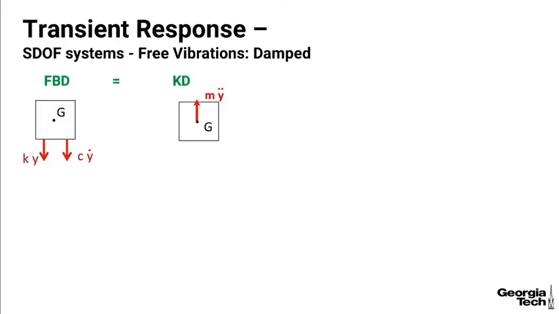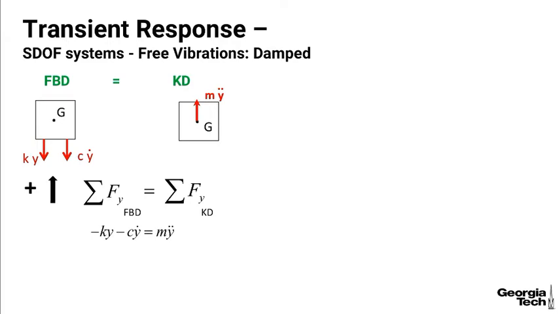Once I have that good free body diagram equals kinetic diagram, I can come up with my equation of motion. I'm going to go ahead and sum forces in the y direction. When I do so, this is the equation that I get, and I can rearrange it: m y double dot plus c y dot plus ky equals 0. And this is the differential equation of motion for that system.